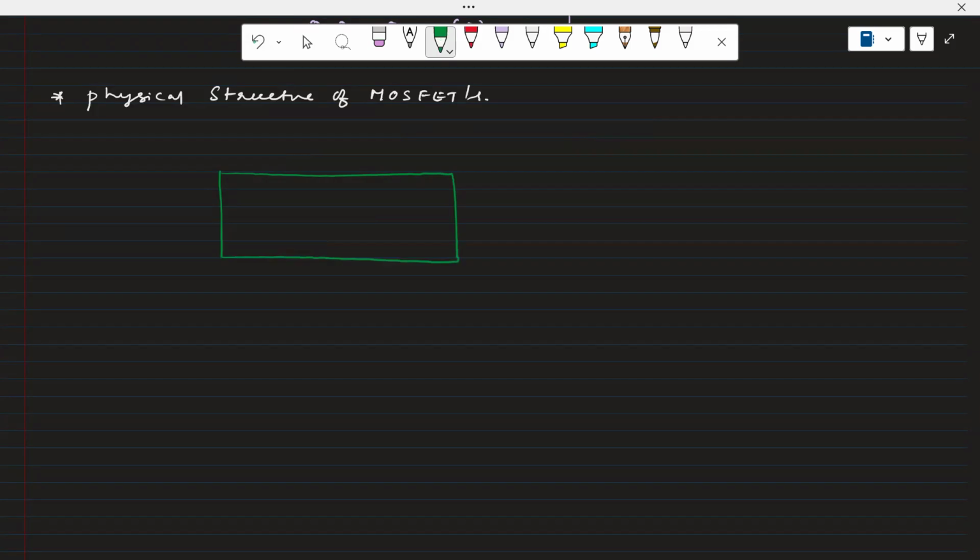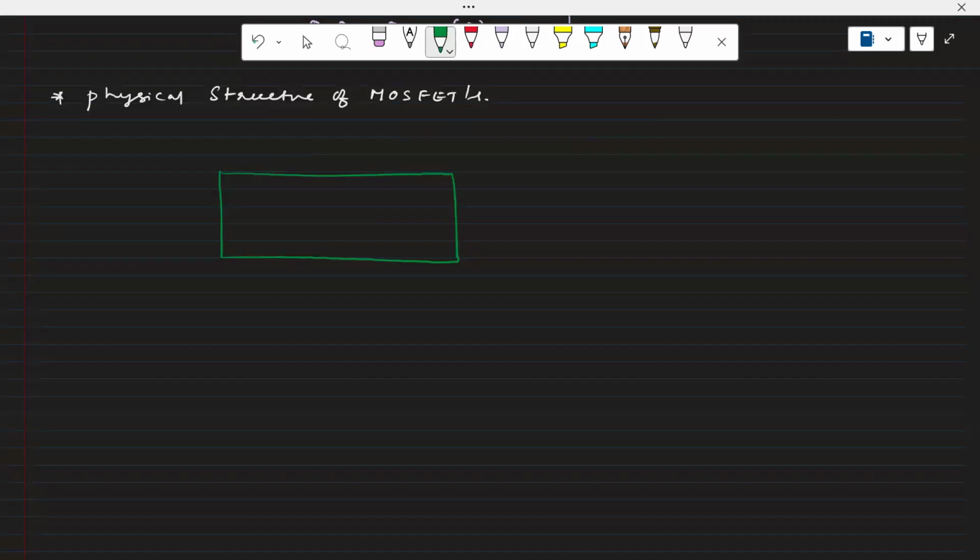If you want to realize the nMOS transistor, as you know, what are the 3 terminals? Can you please let me know? The source. Have you heard about the gate? Have you heard about the source? Have you heard about the drain?